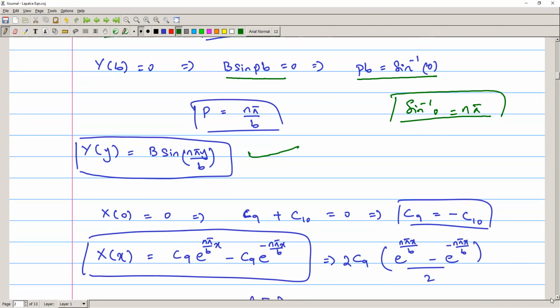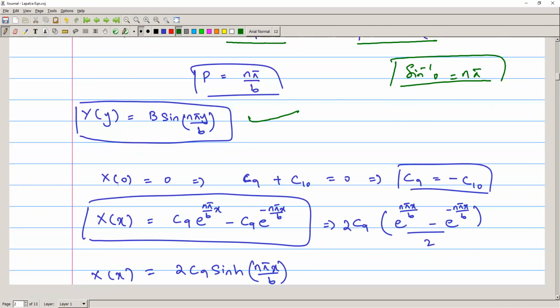Now we'll use the conditions for the equation of x. So we have the first condition for x: x of 0 equals 0. Therefore, we will have c9 plus c10 equals 0, which means c9 equals negative c10. Therefore, we can write x of x equals c9 e to the power n pi x over b minus c9 e to the power negative n pi x over b.